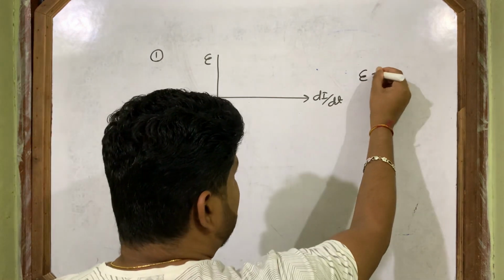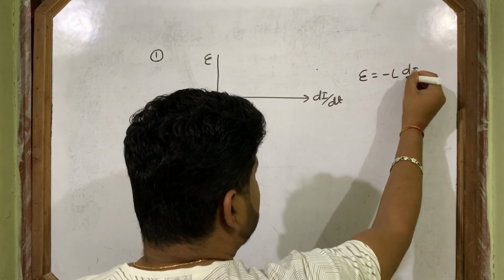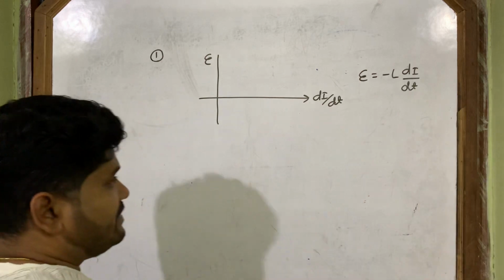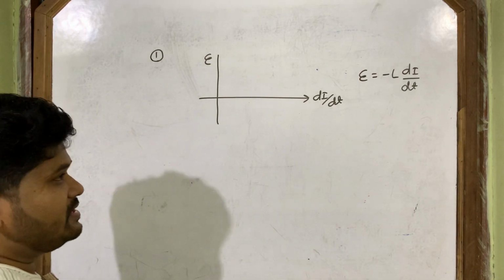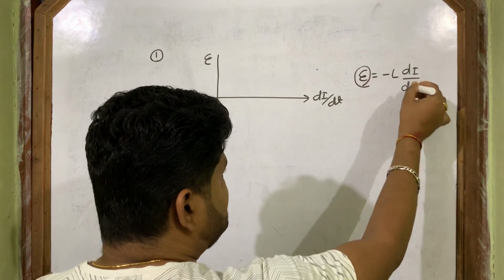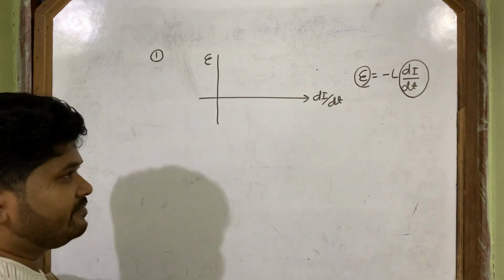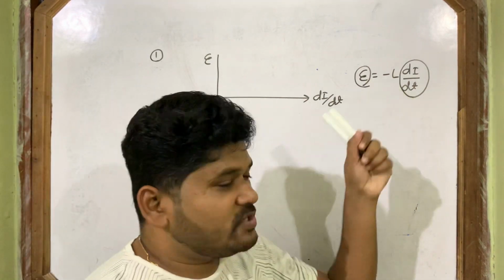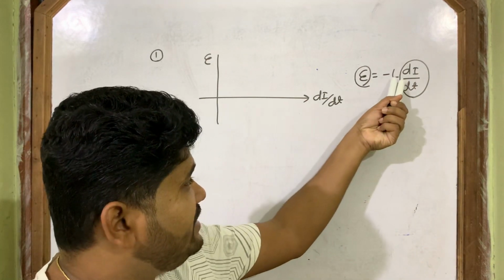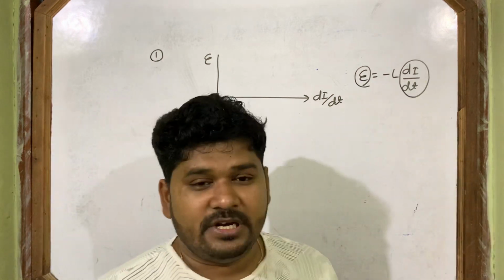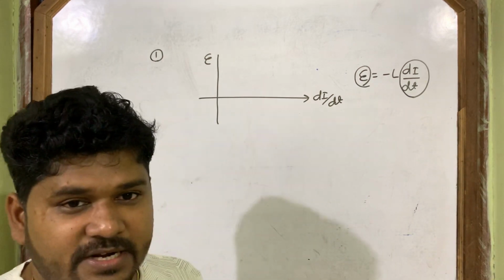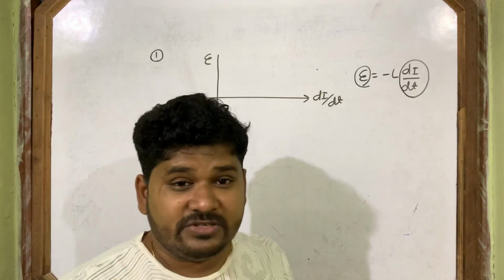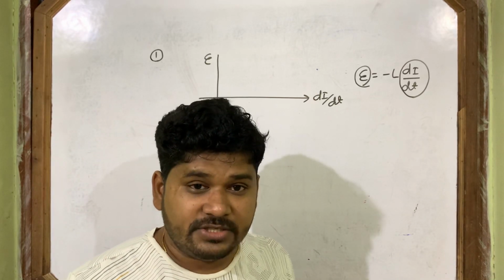What is the formula? E equal to minus L di by dt. Okay, so how E depends on di by dt? It's very clear. As L is constant, they are directly proportional to each other. If directly proportional, then the graph will be a straight line passing through origin.